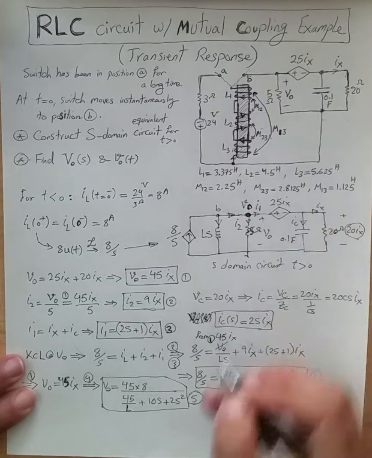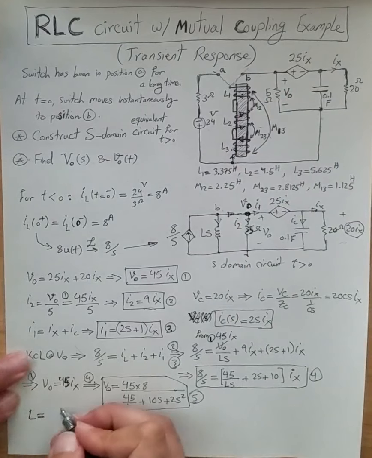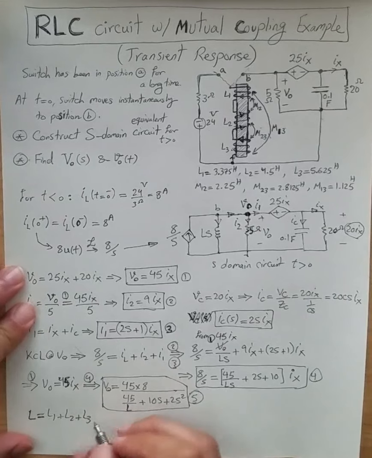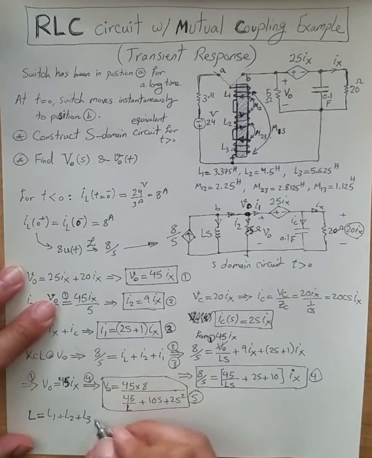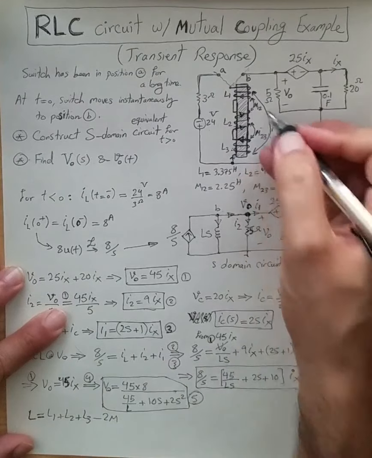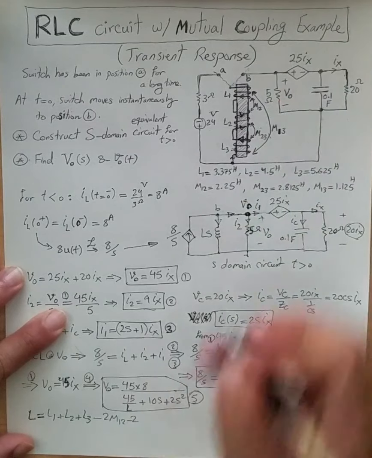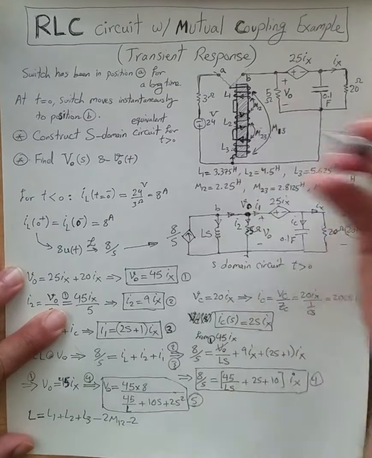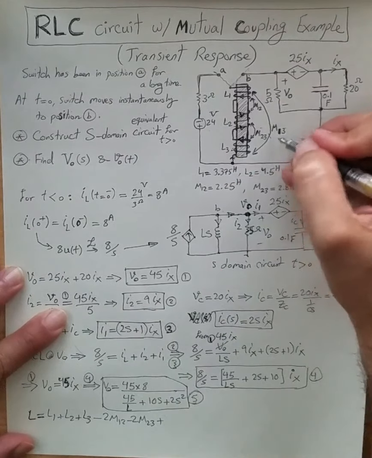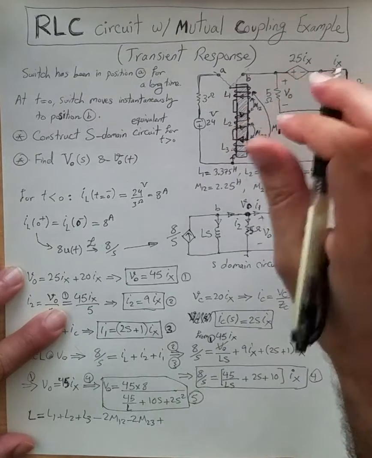So that's why for L, we can just say the equivalent total inductance would be the sum of the three inductances, just from the physics of mutual inductance, minus 2 times M12, because these two are counteracting each other, minus 2 times M23, because L2 and L3 are counteracting each other, and plus 2 times M13, because L1 and L3 are creating magnetic field in the same direction.